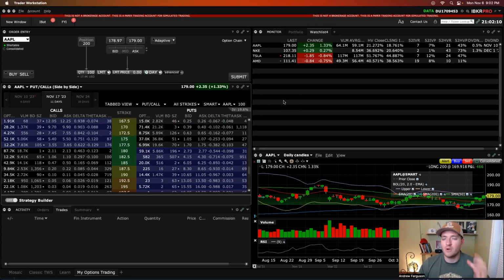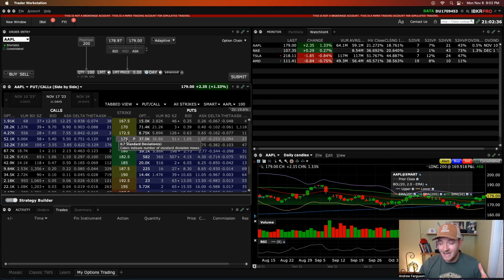So now that we know we're going to be selling put options, what we want to do is pick the right strike price based on our risk tolerance. And our risk tolerance is made up of two things. Number one, it's made up of a technical level on the chart. If we think that Apple's going to stay above 175 on our chart, we can be confident that selling a put option here at the 175 strike is a safe play.